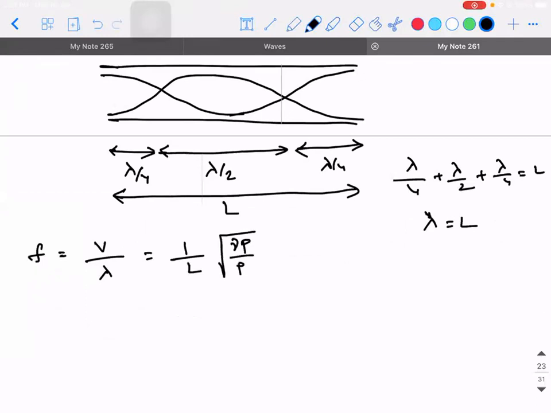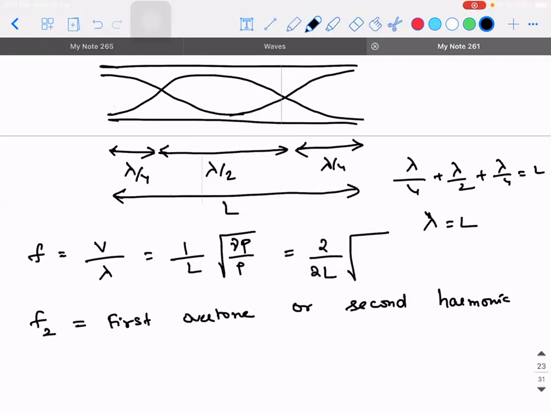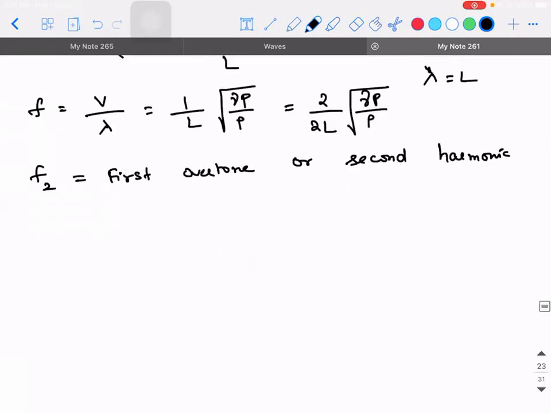Is there any doubt in this? What is the name of this frequency F2? This is called first overtone, or what harmonic? Second harmonic. I can still write it as 2 divided by 2L into root of gamma P divided by rho. So F2 is called first overtone or second harmonic.